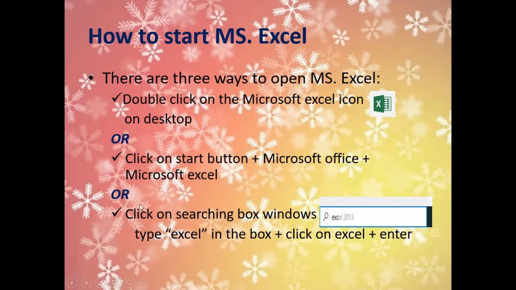Or you can also click on the Windows search box, type Excel, and then Microsoft Excel appears; click or press enter. Okay, that's the way to open Microsoft Excel on your computer or laptop. Continue to the next slide.